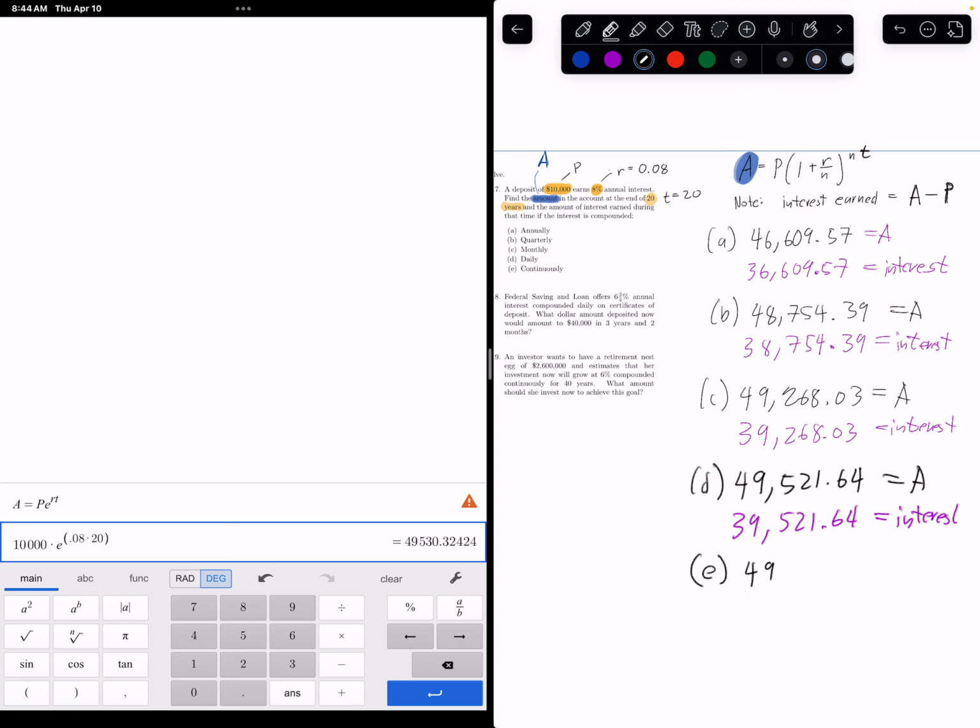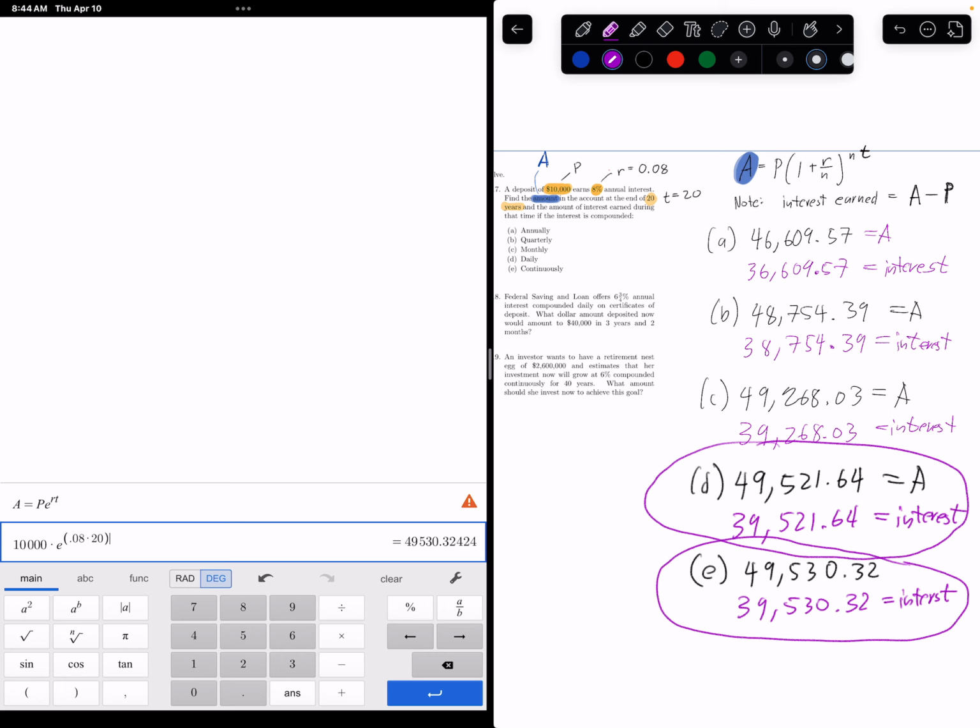So the result is 49,530 and 32 cents, which means interest earned is 39,530.32.